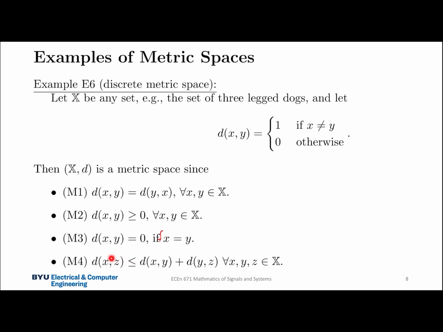If they're not, this is going to be 1. If Y is the same as X, then this thing would be 1, and that would be 0. If X, Y, and Z are all different, then we'd have 1 less than or equal to 2. So it's clear that this discrete metric satisfies M1 through M4, and so this becomes an example of a metric space.